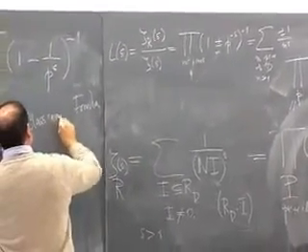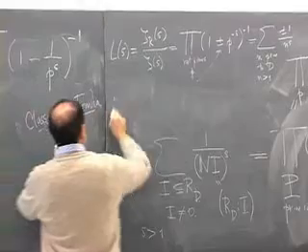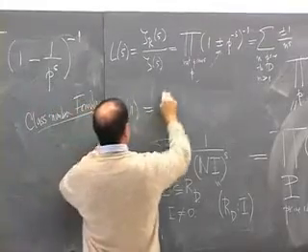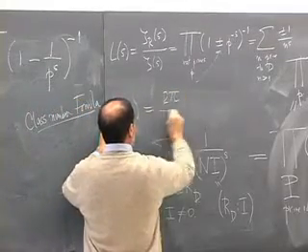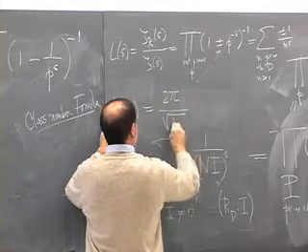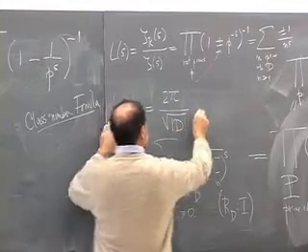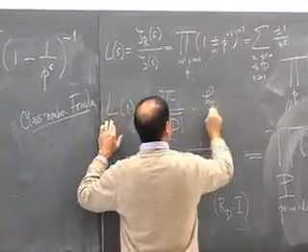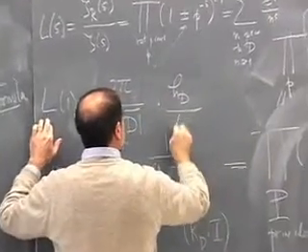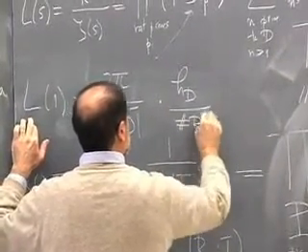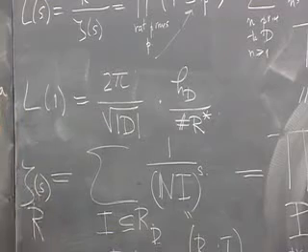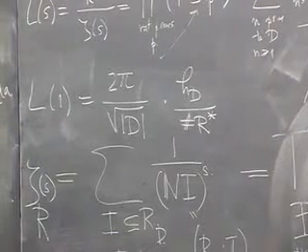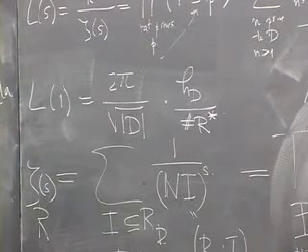In terms of the ring, it's equal to 2 pi over the square root of the absolute value of the discriminant, times the class number of the ring, divided by the number of units. Is that a great formula or what? So let's see what it says over here.